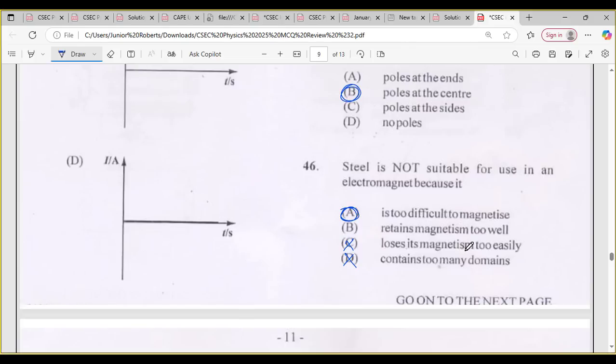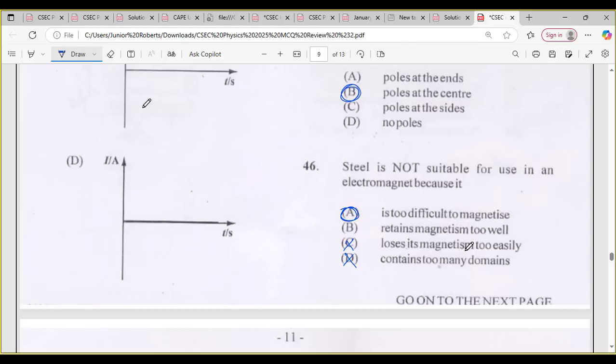All right, so let me take another look at this. Yeah, I mean, it's a reasonable question, because how I'm reasoning it out is, since the steel is not easily magnetized, but then again, if we take into consideration what an electromagnet is.